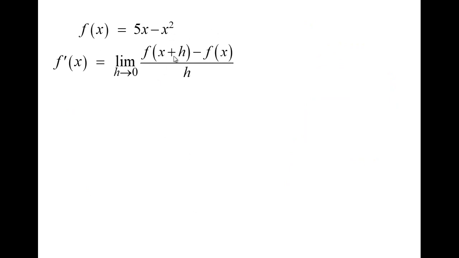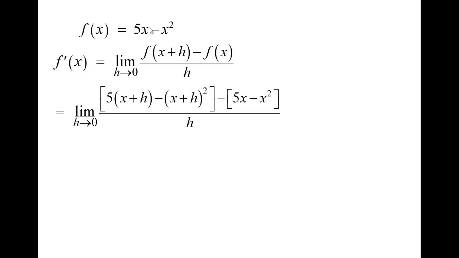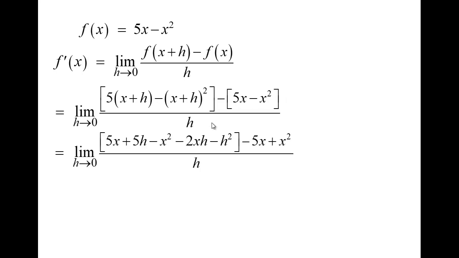So here is the function. What is f of x plus h? Well, that will be 5 times x plus h minus x plus h squared, and minus f of x is that. Then we multiply out and simplify.